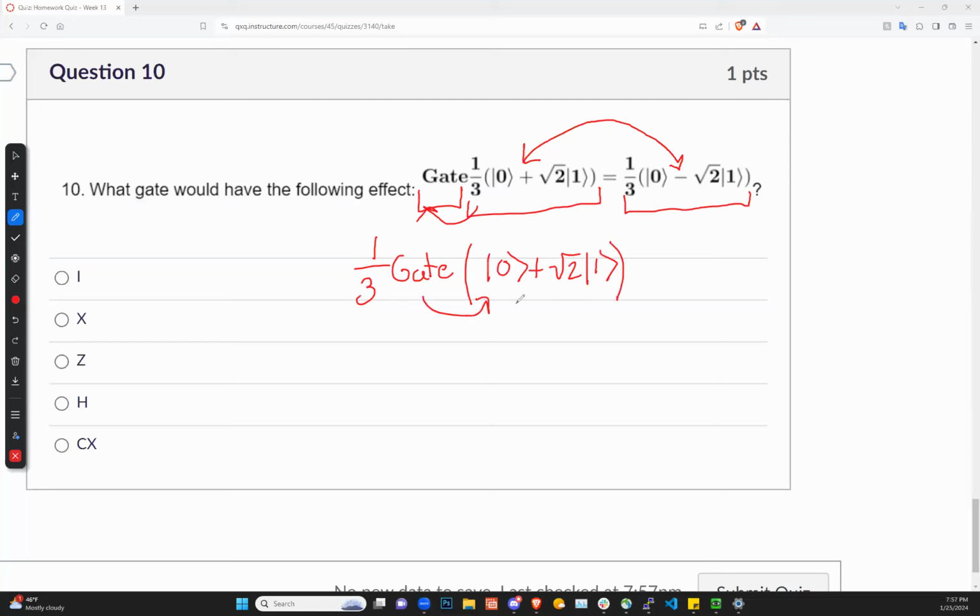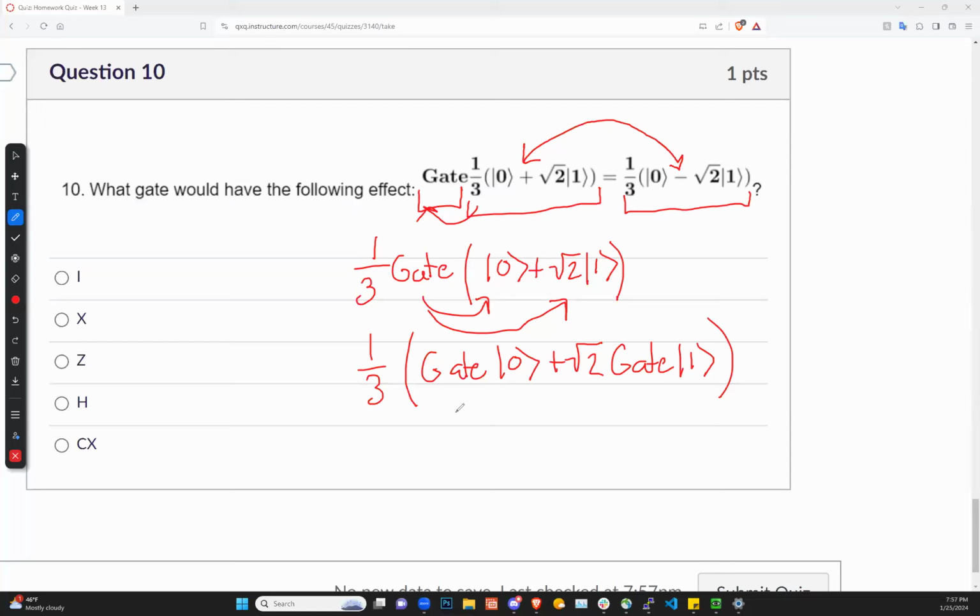Now I'll distribute this gate here and here. I get 1/3 of the gate applied to the 0 state plus the square root of 2 gate applied to the 1 state. All right, so now all we need to do is match the effects that we have here.